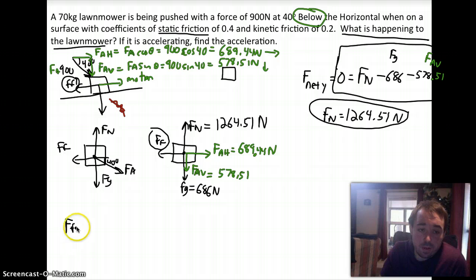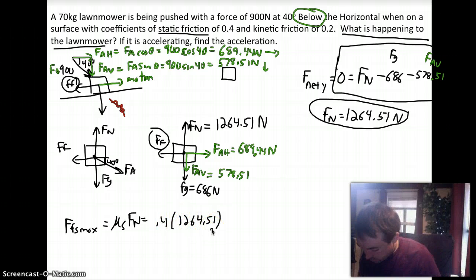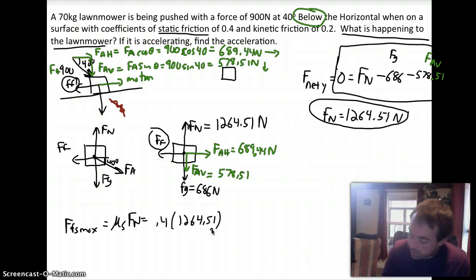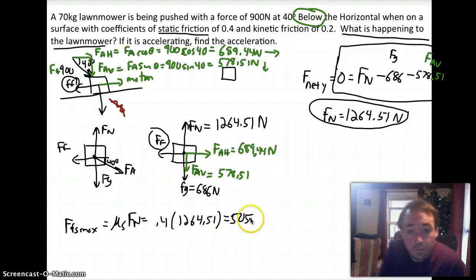So we've got to look for our FFS max. Our FFS max is going to be our static friction coefficient, mu s, times the normal force. So 0.4 times 1264.51 is 505.80 newtons.